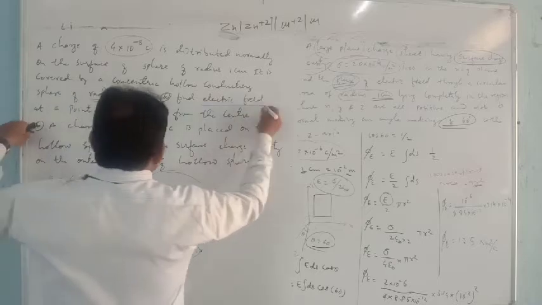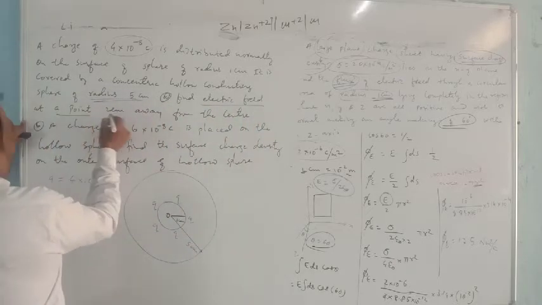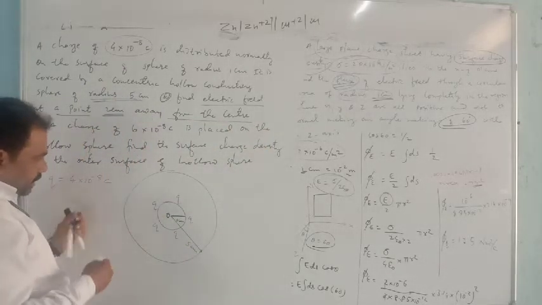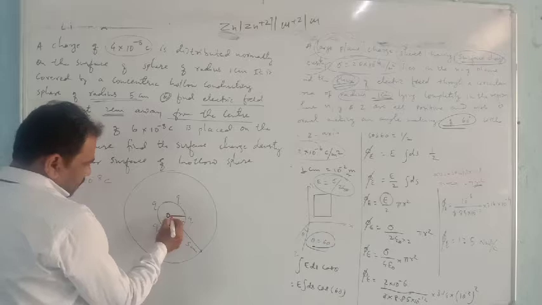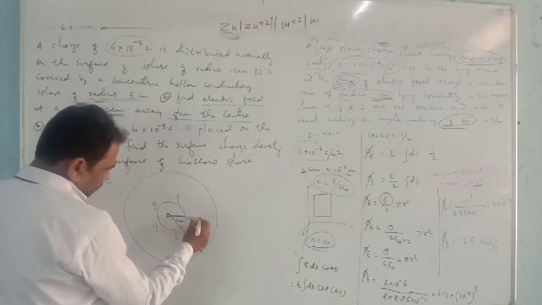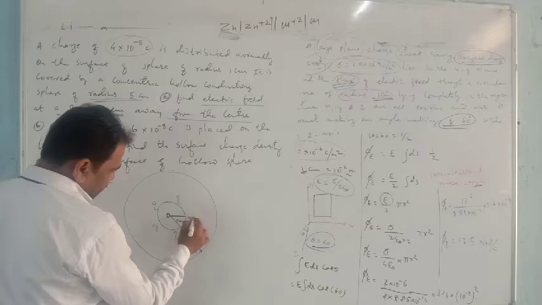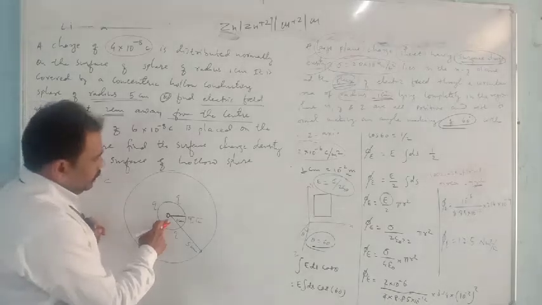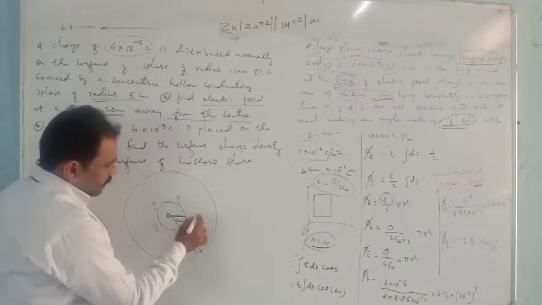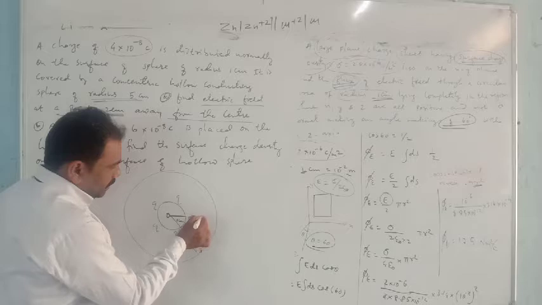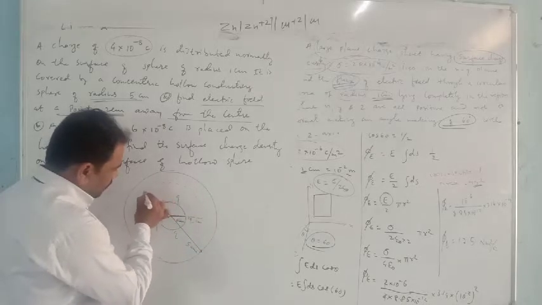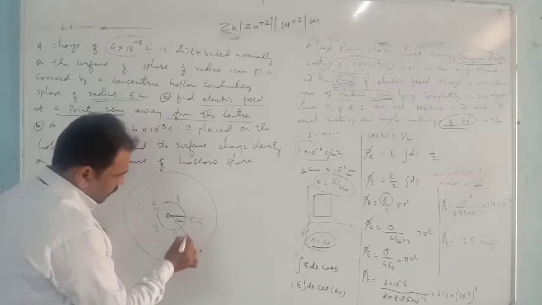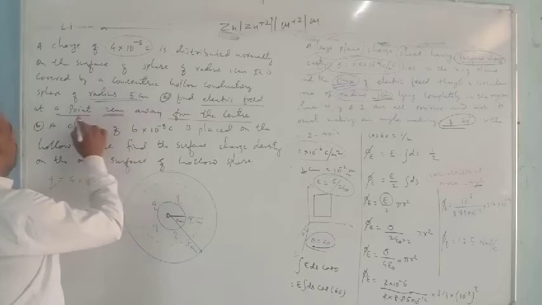Find the electric field at a point 2 centimeter away from the center. Now if we consider from this center, 2 centimeter is the radius, then taking radius 2 centimeter, we have to draw another Gaussian sphere like this, having its radius 2 centimeter, because we have to find at a point.